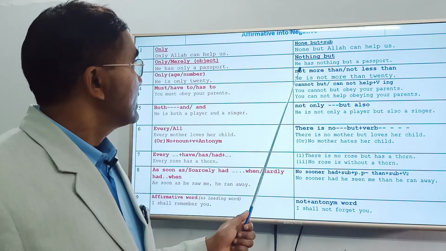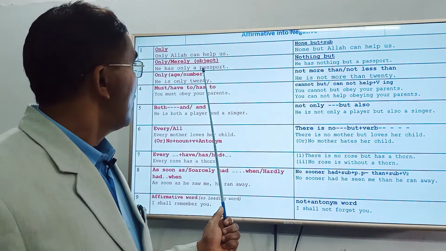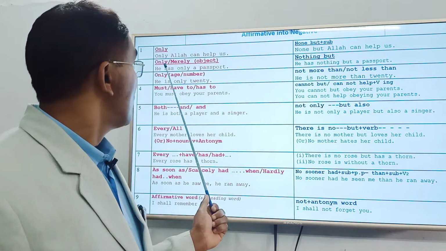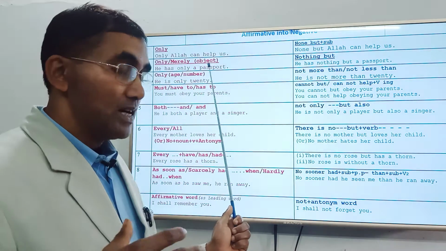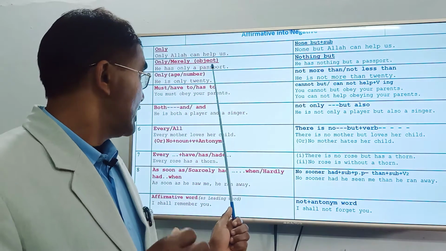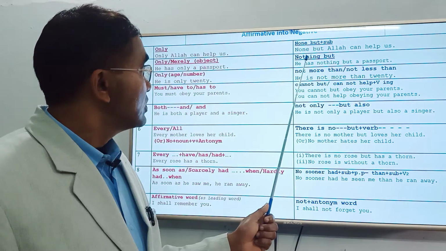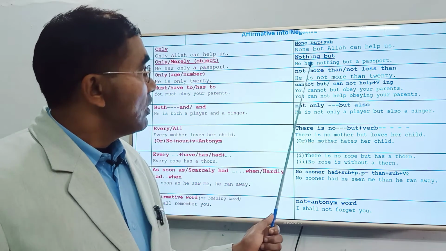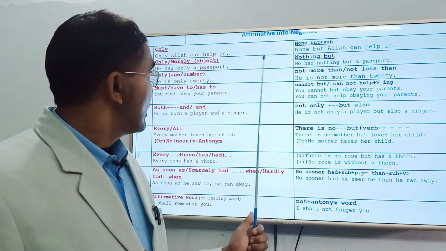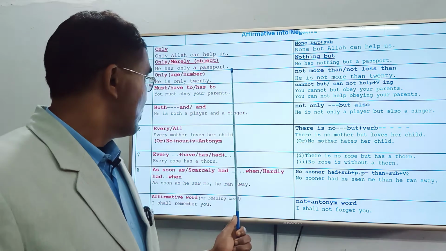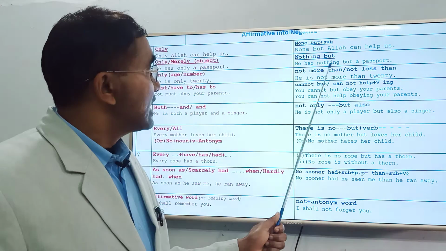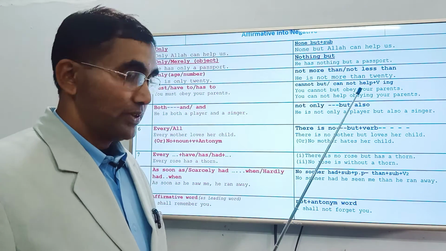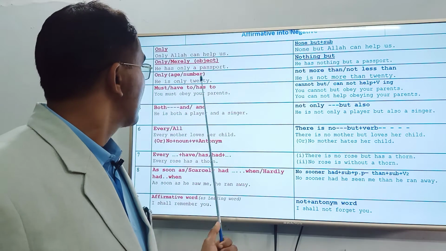In that case, instead of only or merely, we will use nothing but. So we will transform the sentence into the negative: he has nothing but a passport. Okay, let's go to the next rule.